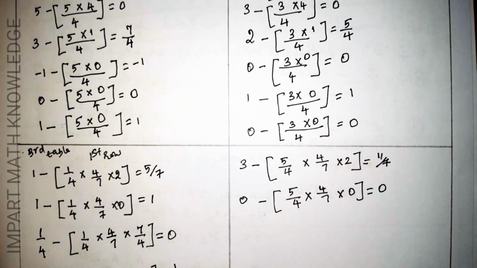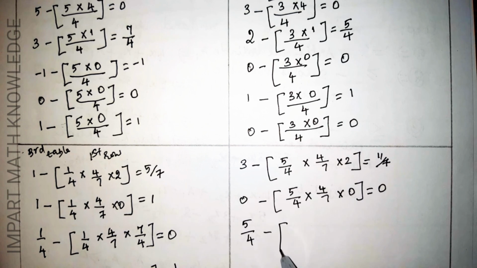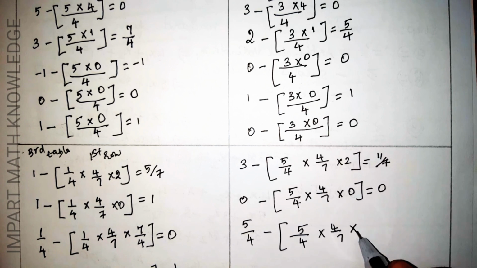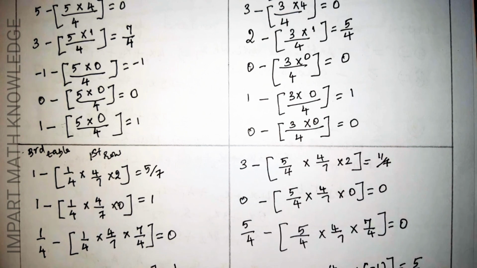The next one is old value minus key column value into key value into key row value, that is 0. The next one, 0 minus key column value into key value into key row value, that is 5 by 7.